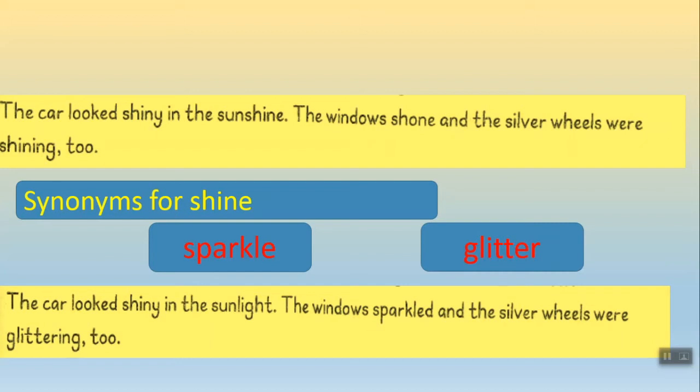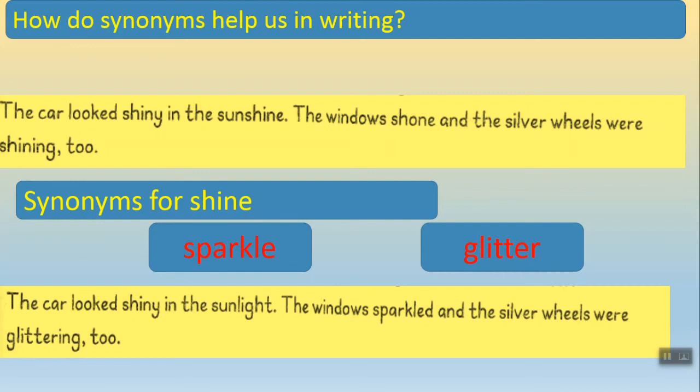So now, answer this question. How do synonyms help us in writing? Yes, what do the words sparkle and glitter do to the second sentence? In another way, which set is more interesting?